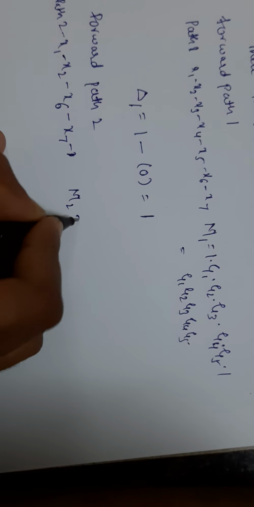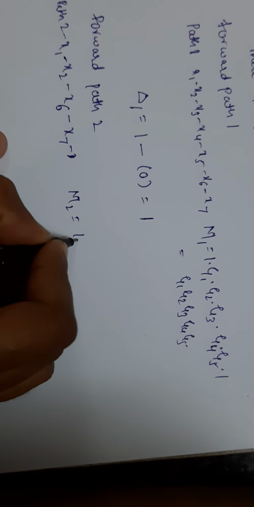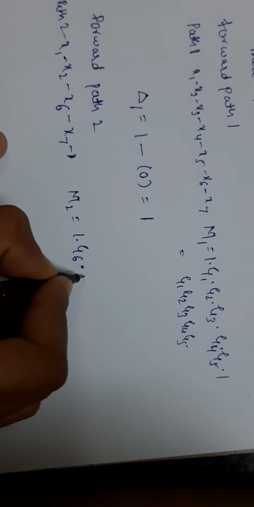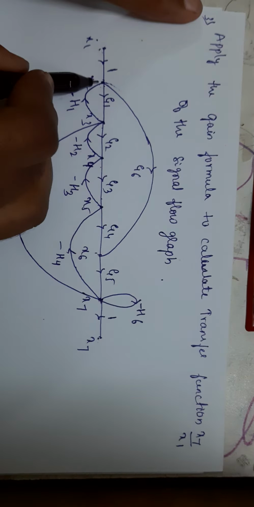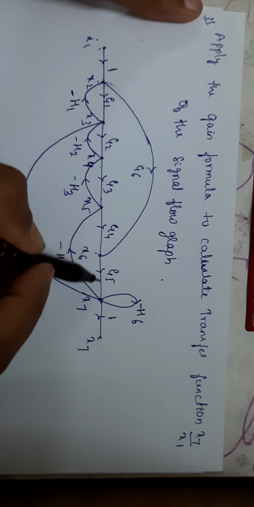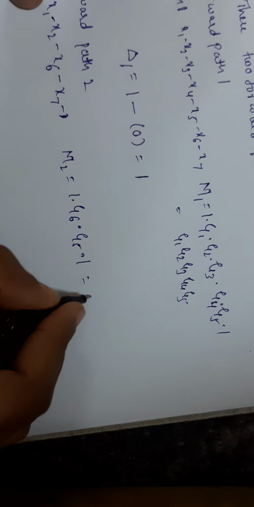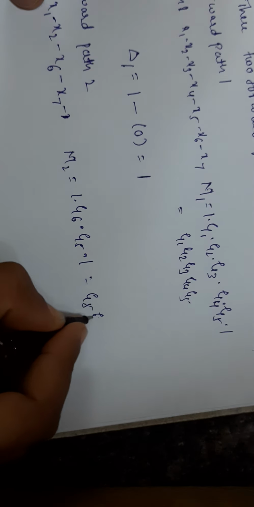That is m2 is equal to, again, 1 into g6 into g5, that is 1 into g6 into g5 into 1 into 1, that is g5 g6.